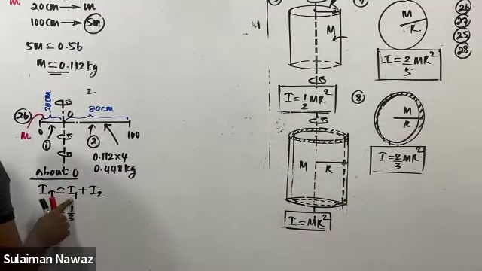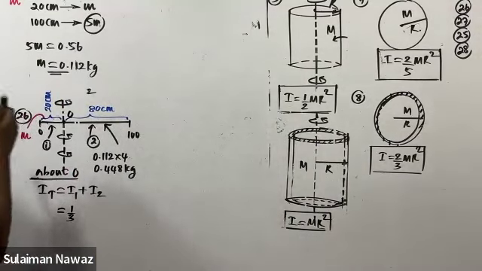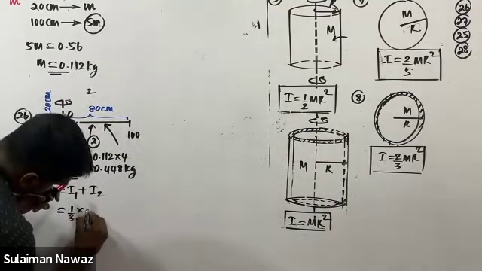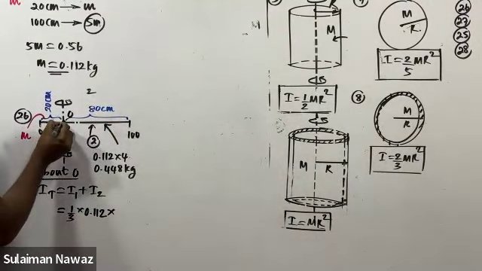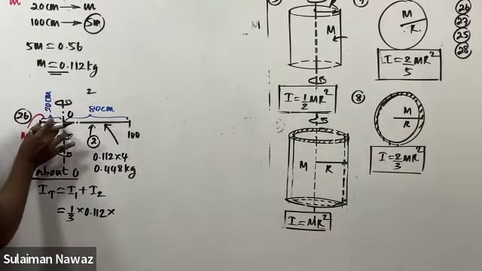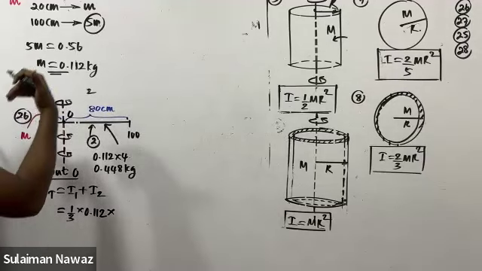Now I was finding actually the moment of inertia of part 1. So the mass of part 1 is 0.112, into the distance from the axis to the mass distribution, 20 centimeter square, r square. 1 over 3 m r square equation.